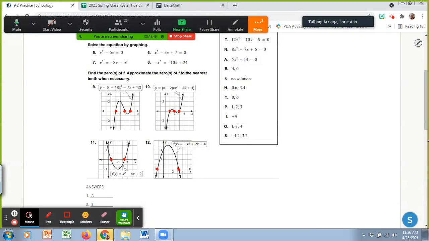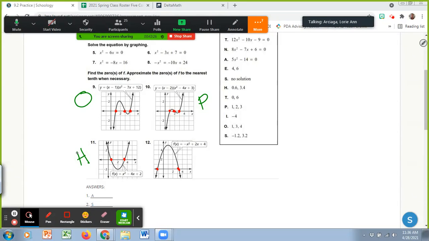Okay, so what's number 9? 1, 3, 4. Very good. So that's letter O. What's number 10? P. 1, 2, and 3. Very good. What's 11? They're decimals, but they're both to the right of 0, so they're both positive.